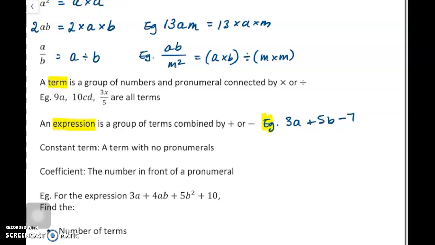The next word we need to know is the word constant term, and that is just a term in our expression that has no pronumerals attached to it. So -7 here would be the constant term of this expression. The next word is the coefficient, and coefficient is just a number in front of a pronumeral. So in this case, the coefficient of A would be 3. The coefficient of B would be 5.